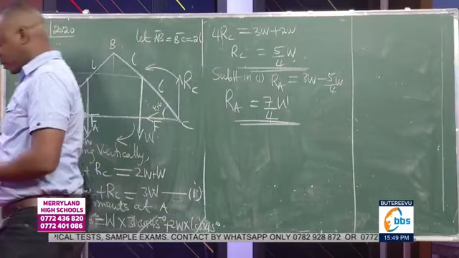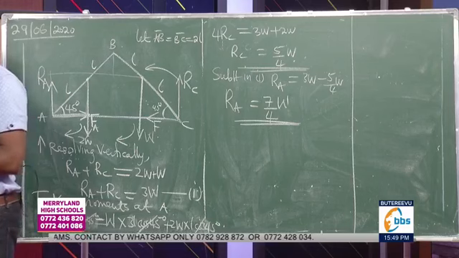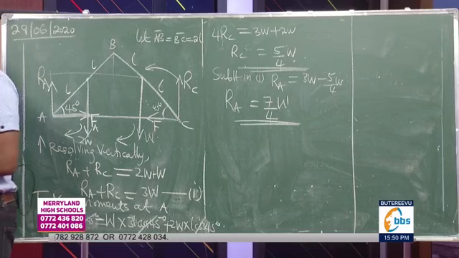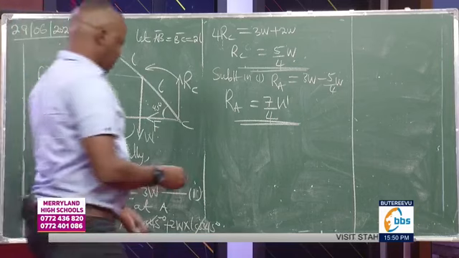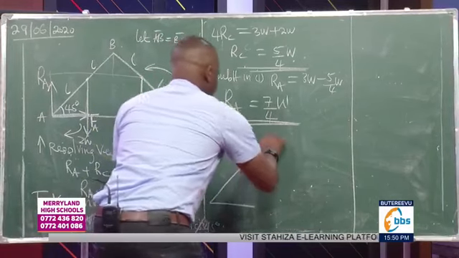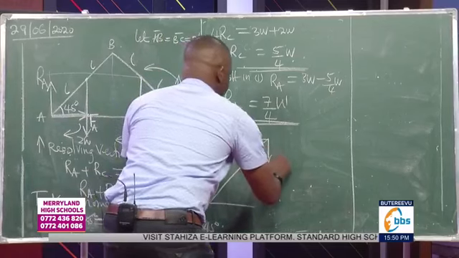Now, after getting those two values, remember the question wants us to show. It's like a proof kind of question. So after getting those two values, we need to find x and y, so we separate the rods. Even if I don't finish this, I am sure that you should be able to complete it.